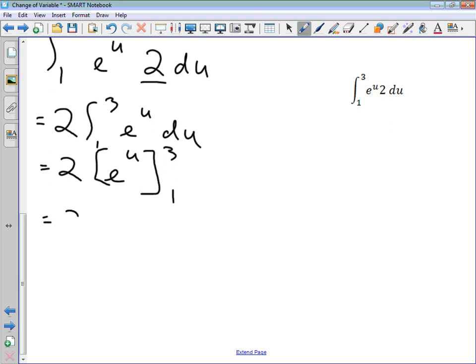Right, so we get 2 times e to the 3 minus e to the 1, which if we wanted an exact answer, we could just punch that into our calculator, and that would be that. Okay. All right.